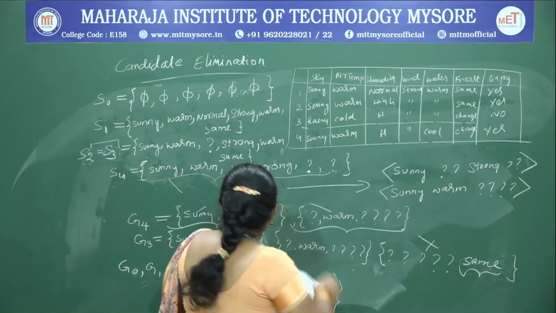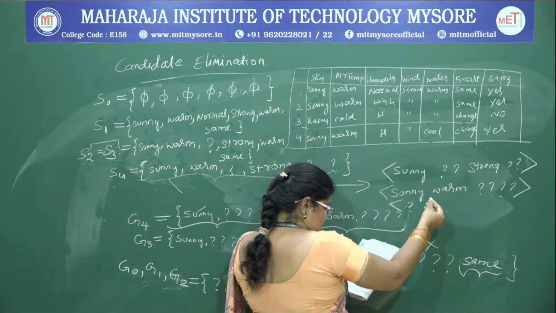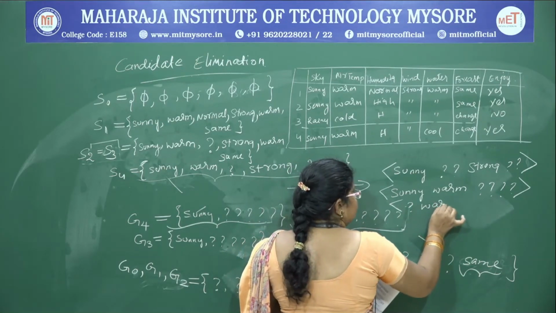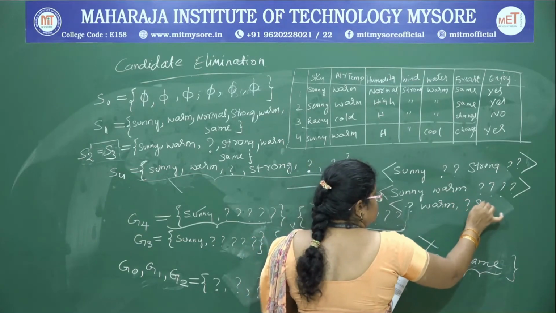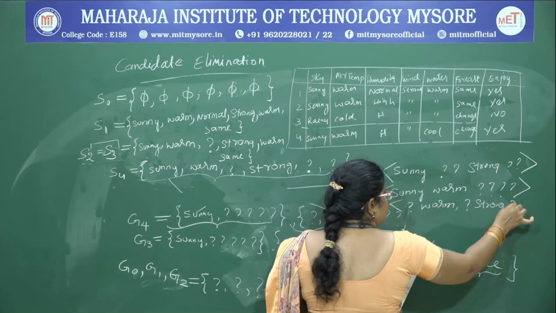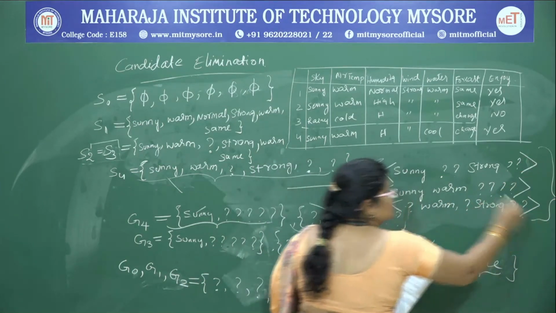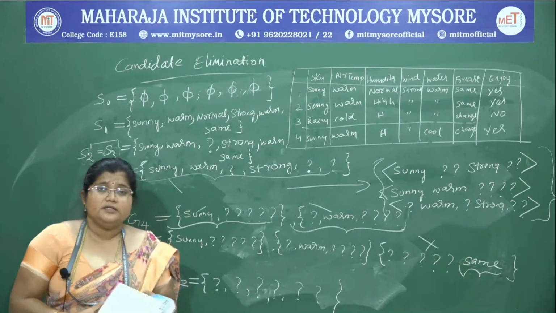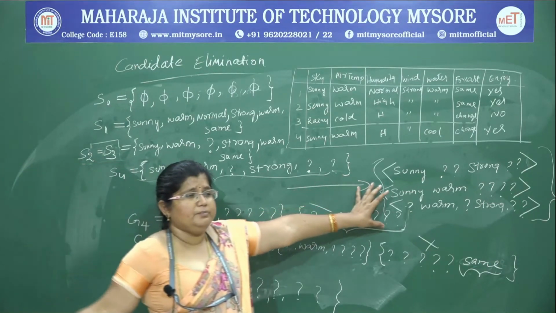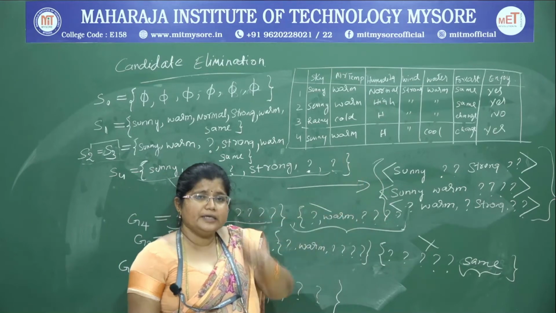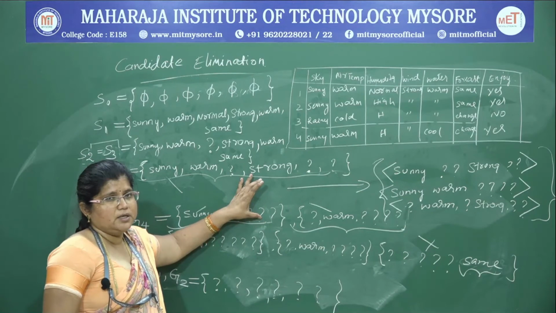Next one we can now create is question mark, warm, comma, question mark, strong, comma, question mark, question mark. These are the set of hypotheses which we can create between the version space boundaries.